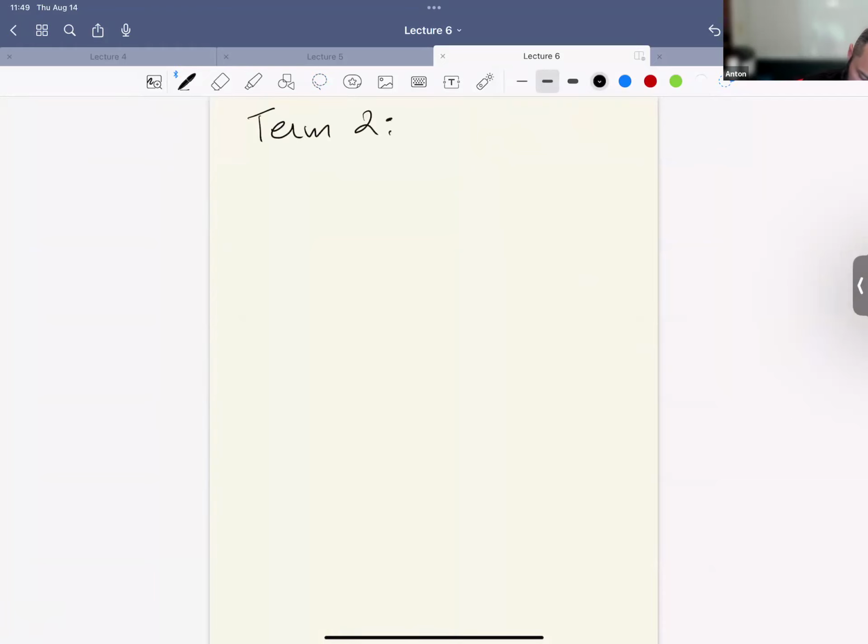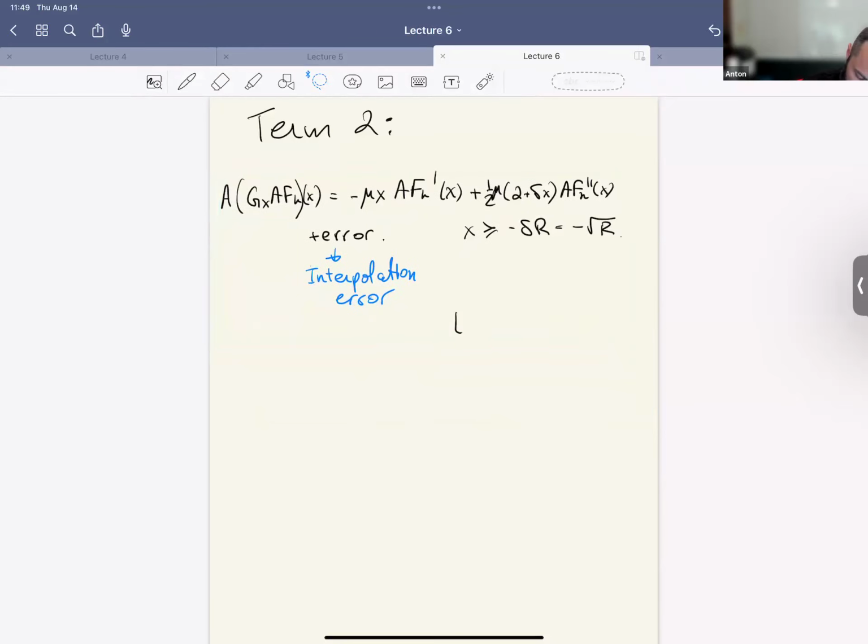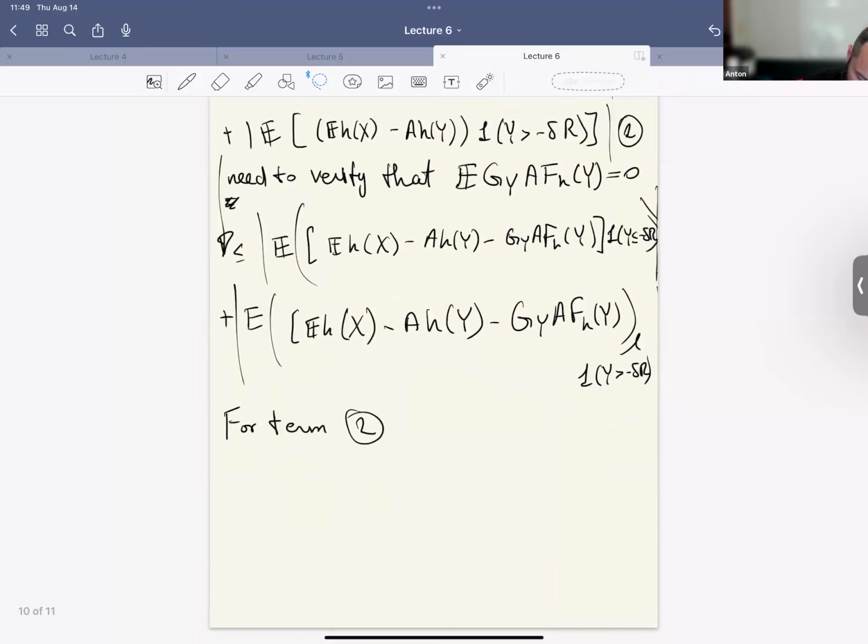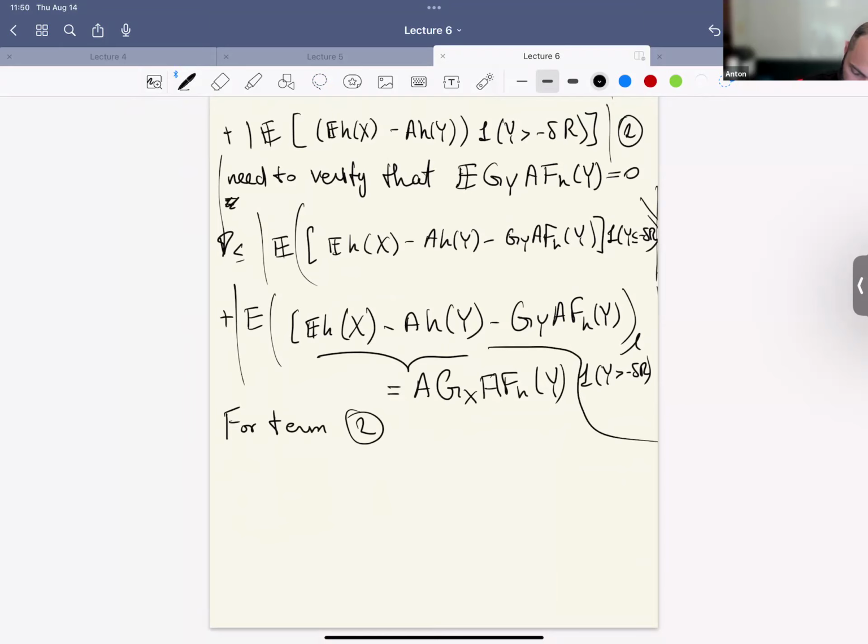Term number 2 equals, not the expected value, this is the generator, A applied to the generator of f, A, f sub h, y. Right? That was the first part of the lecture today.